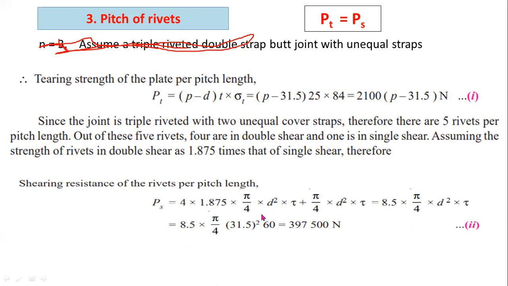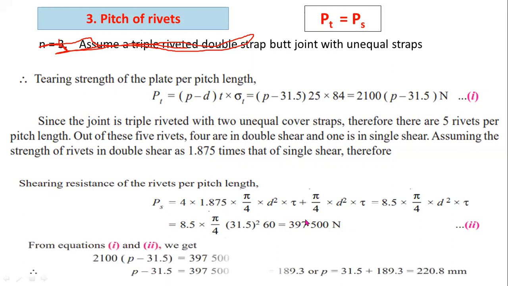Here, for 4 rivets, I consider double shear, 1 rivet for a single shear. So the final shearing strength of the rivets PS equal to 3,97,500. By equating equation 1 and 2, you can get the value of pitch. Pitch P equal to 220.8 mm is the pitch of the rivets.